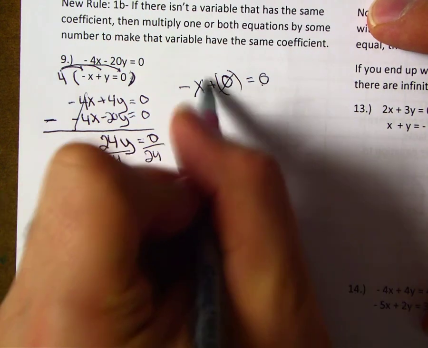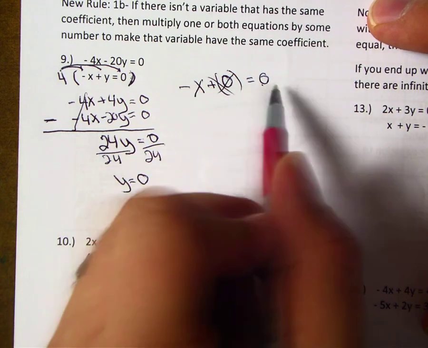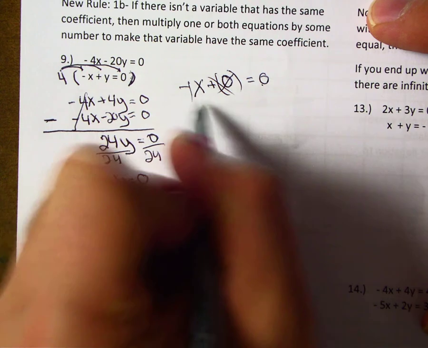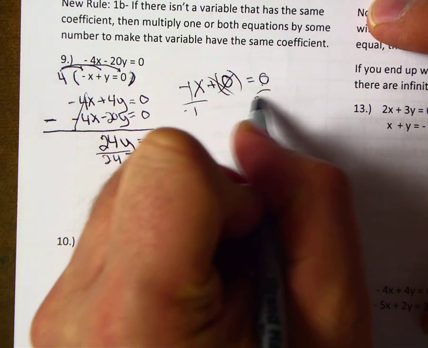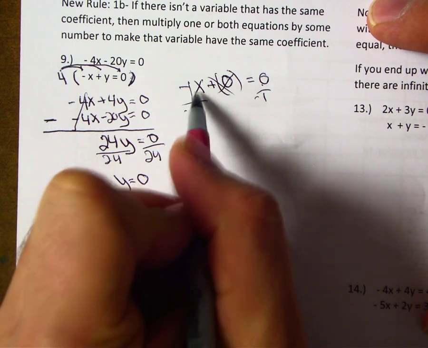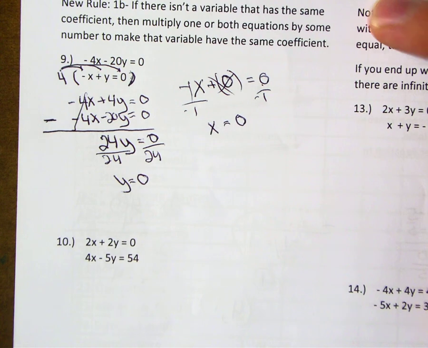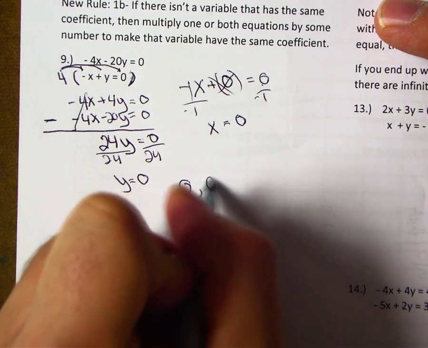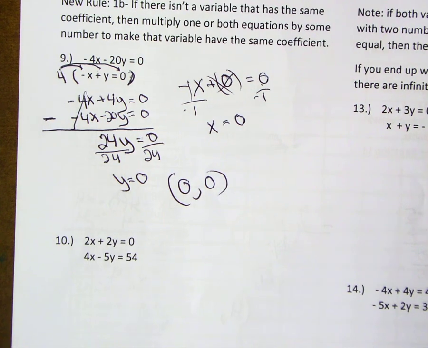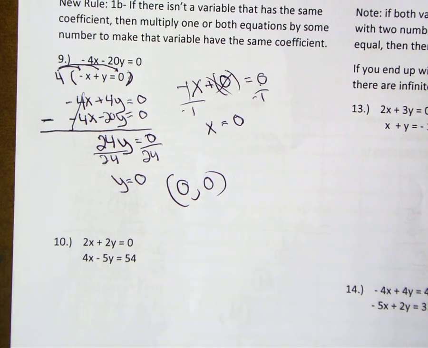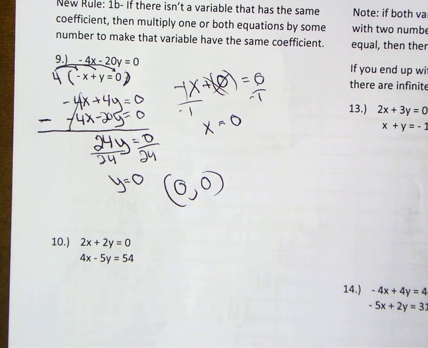I can just cross out the 0, and negative x equals 0. If I think of that as a negative 1, I could divide by negative 1 if I can't see the answer already, and then I get x equals 0. Right? So my solution here is 0, 0. Again, same numbers, not always the same number. So let's try another one.